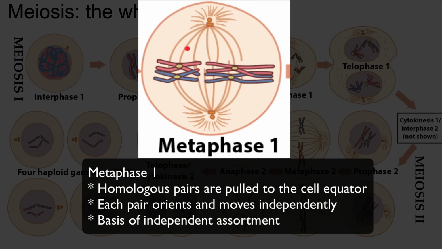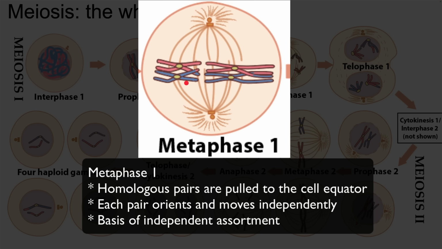During metaphase, the spindle fibers pull these homologous pairs to the center of the cell. And remember that each pair is pulled independently from every other. That's one of the main sources of variation in meiosis, independent assortment. The way that these maternal and paternal chromosomes get arrayed is completely independent.